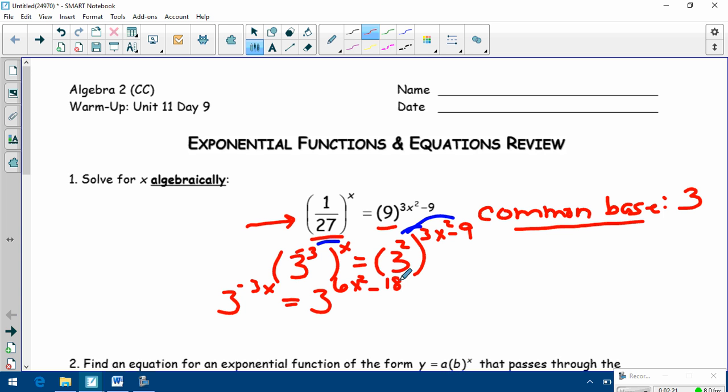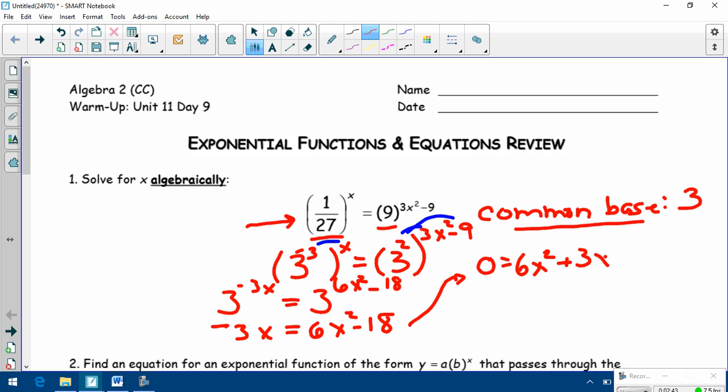You can set the exponents equal. So negative 3x equals 6x squared minus 18. Since it's an x squared equation, we got to bring everything over to the right side in this case. So 0 equals 6x squared plus 3x minus 18.